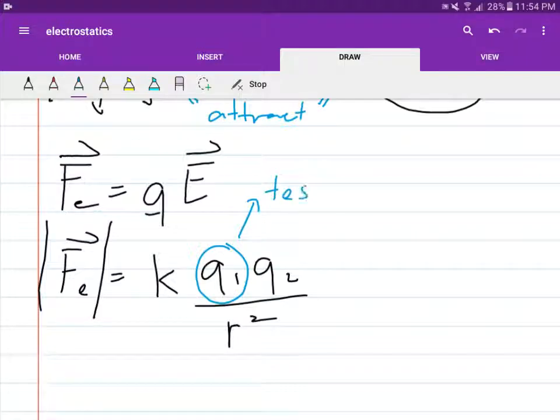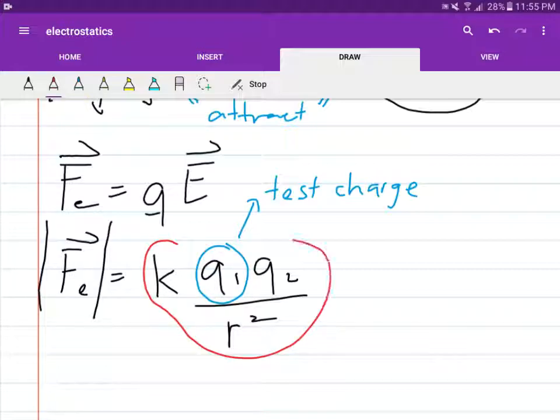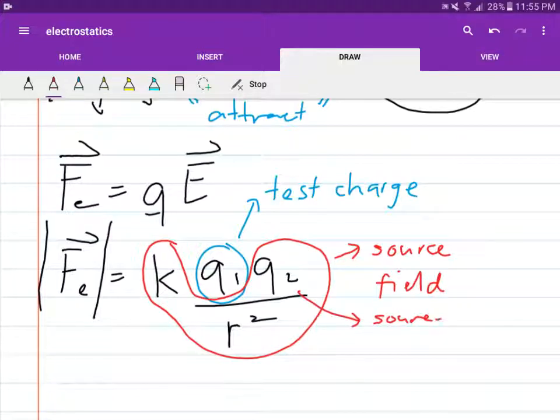This is our test charge and our source field comes from this source charge.